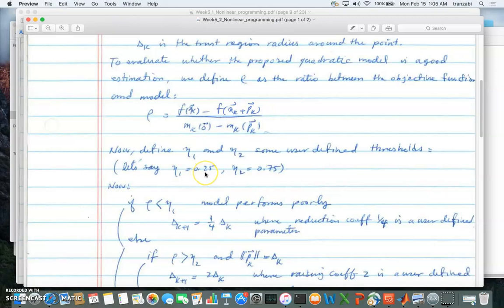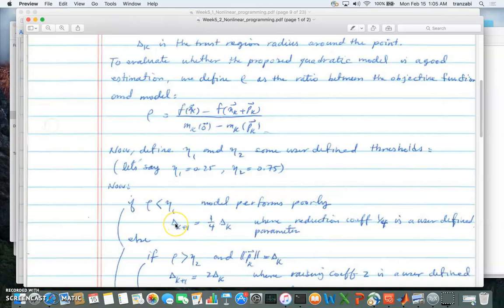So let's say we choose the lower bound to be 0.25 and then the upper bound will be 0.75. If this ratio is less than the lower bound, that means the step size is too big, right? That means we are not making a big change in the function, or we are not reducing the function enough. So then we're going to lower the step size.